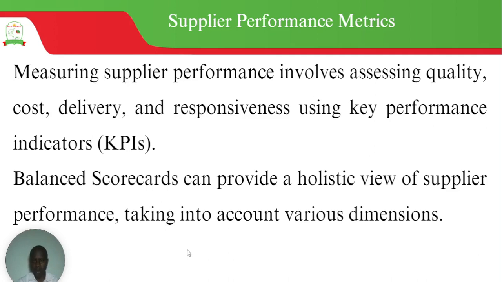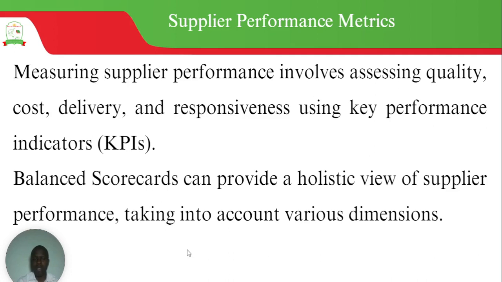We can use a number of methods to measure the level of supplier performance. For example, we could use what we call a balanced scorecard, and this particular method is going to provide a holistic view of supplier performance. We will be taking into account various dimensions when we are measuring supplier performance.